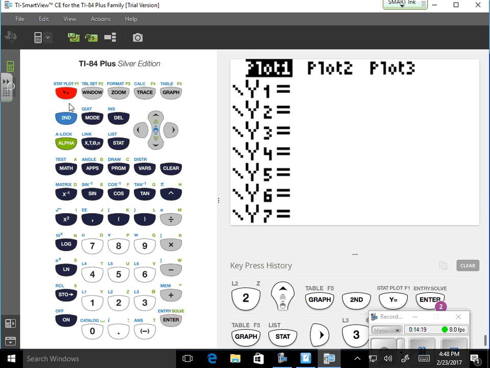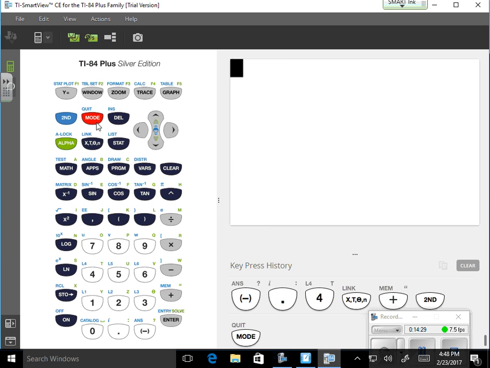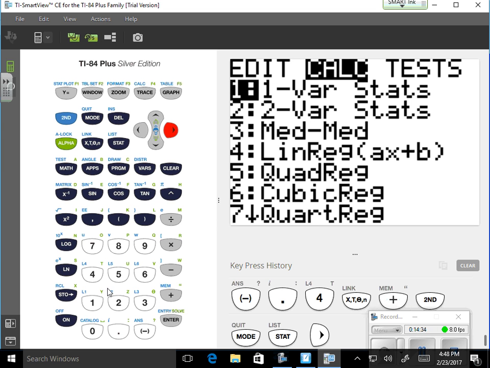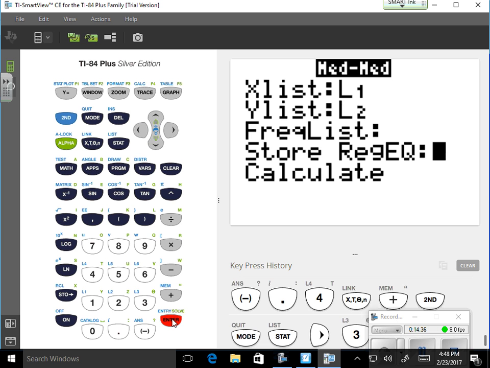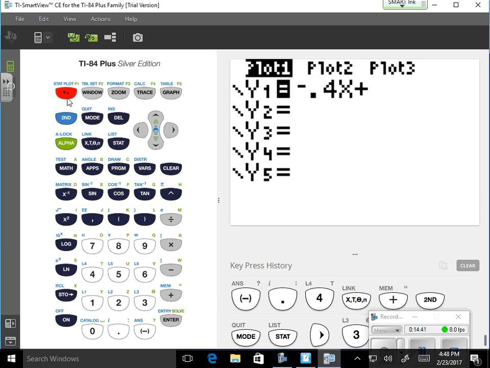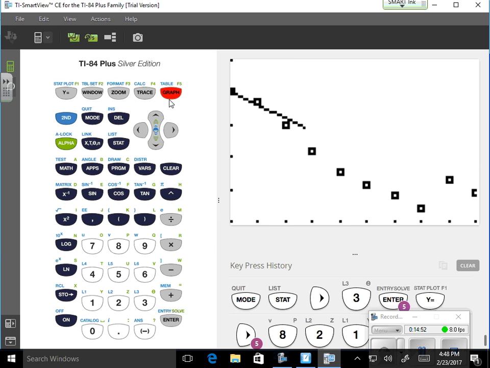We'll put that in Y equals negative 0.4x plus 821. Graph, and that's where you should draw your median line.